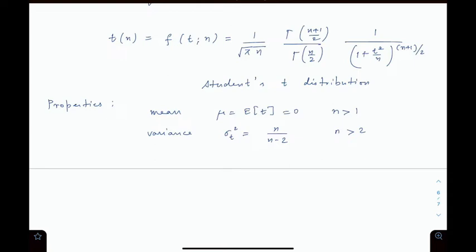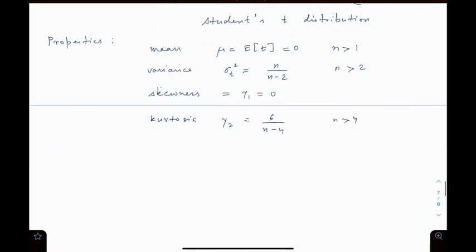The skewness is 0, meaning it is symmetric about the mean. The kurtosis is given as 6 by n minus 4, with the requirement that n should be greater than 4.